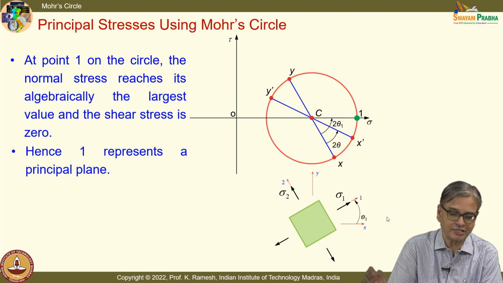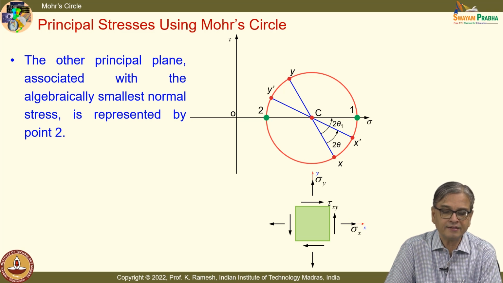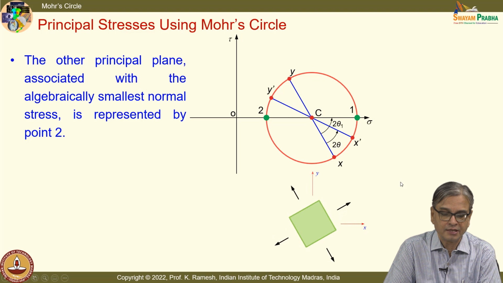So, this is a convention that is also used. So, the other principal plane you can represent by point 2, and this is separated by angle 180 from the principal plane 1, and I have this as sigma 1 and sigma 2. I have this angle as 2 theta 1.